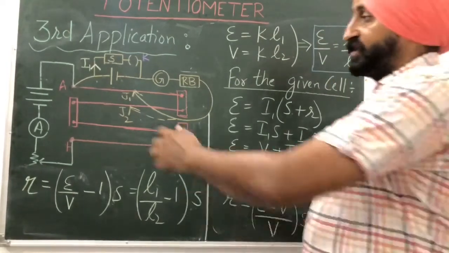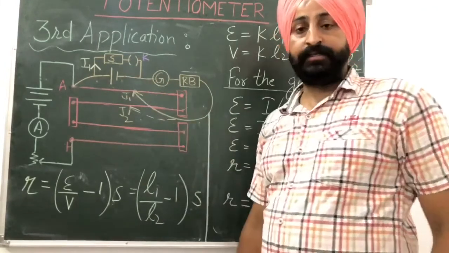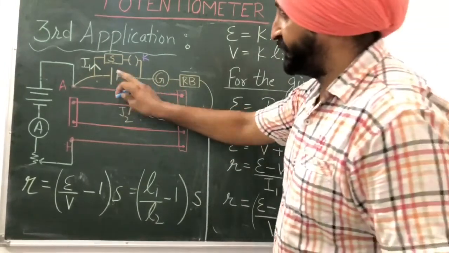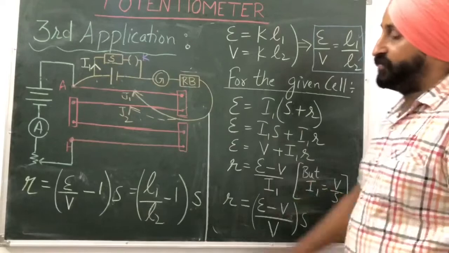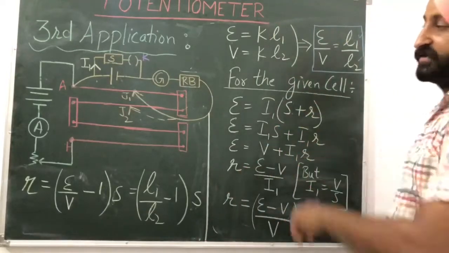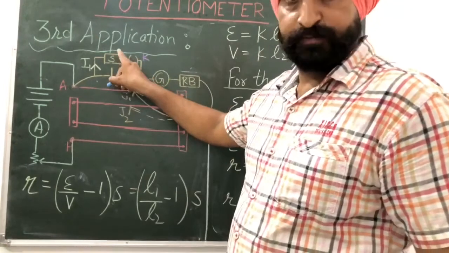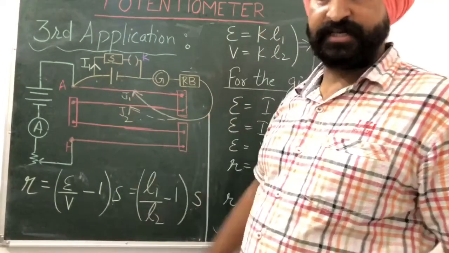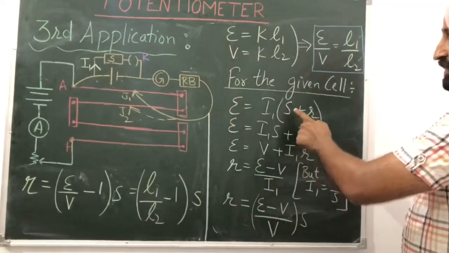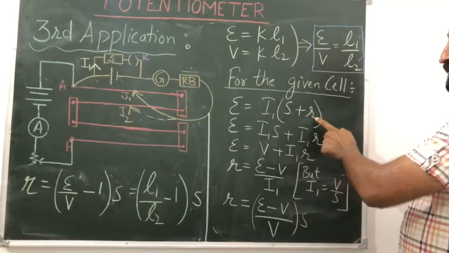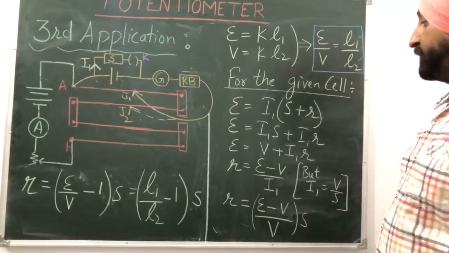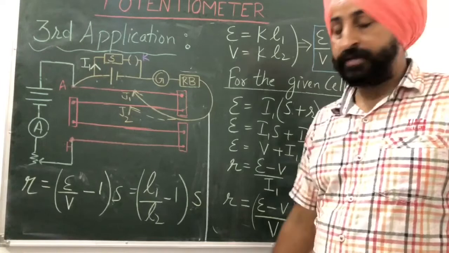Now for this cell, we can write E, that is EMF of this cell, is equal to I1 multiplied by total resistance. Now the total resistance is the shunt resistance plus the internal resistance of this cell.